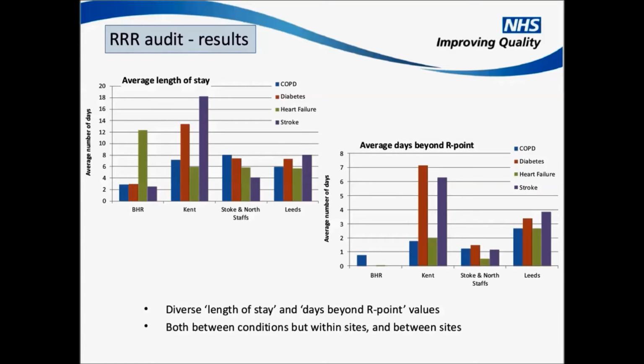And I think this comes to one of the major conclusions from the early implementer study, in that they found it difficult to ensure consistency in the length of stay. There were quite wide distributions of the average length of stay and the average length of the RR phase for these chronic conditions.